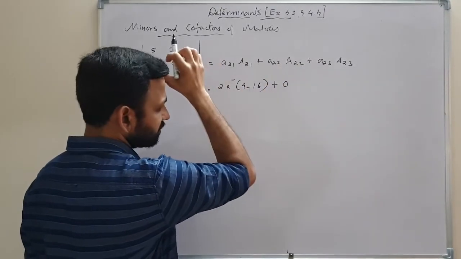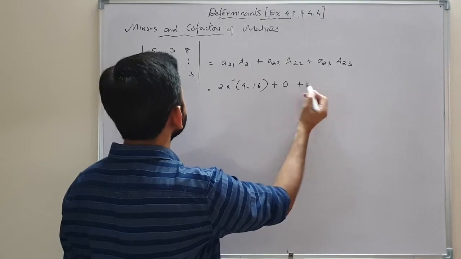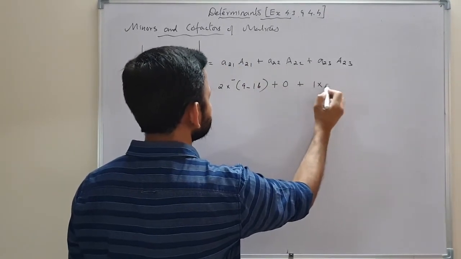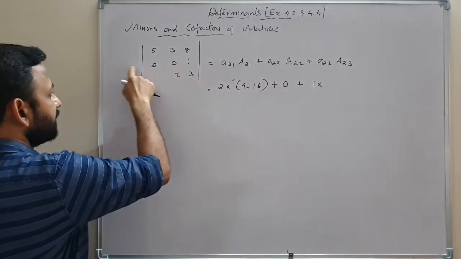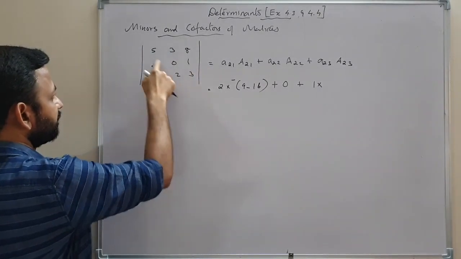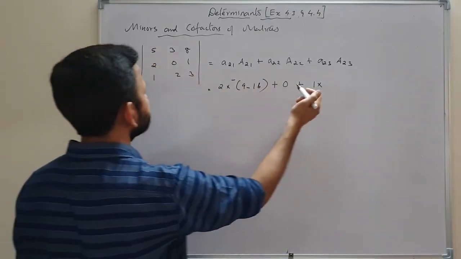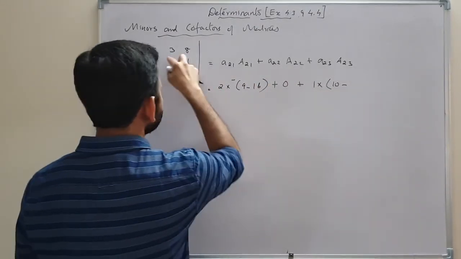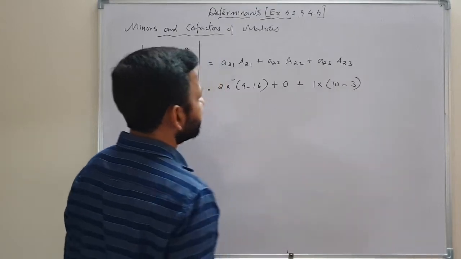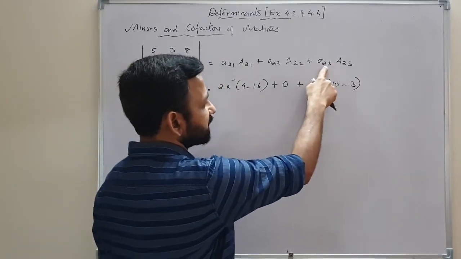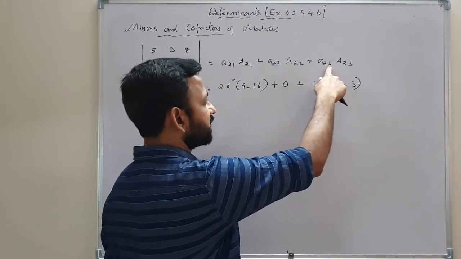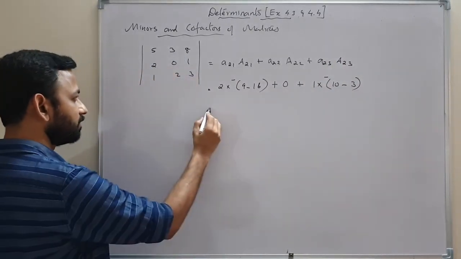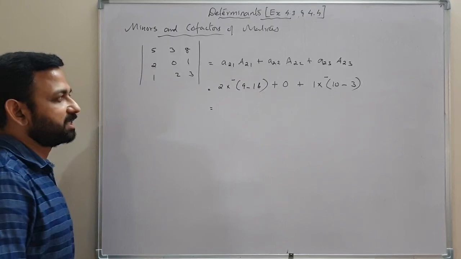So 0 into any number, that is 0 only, plus 1 into, again deleting, 5 into 2, 10 minus 1 into 3, and here 2 plus 3, 5 is an odd number, therefore we have to keep negative sign.